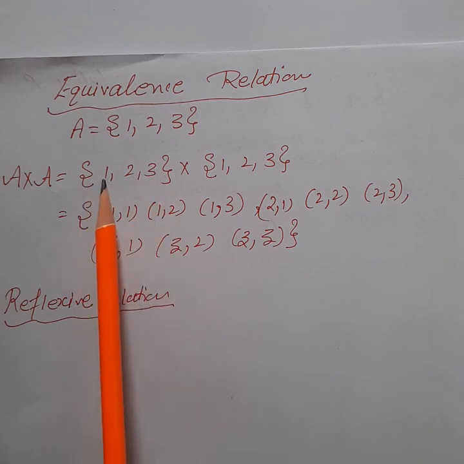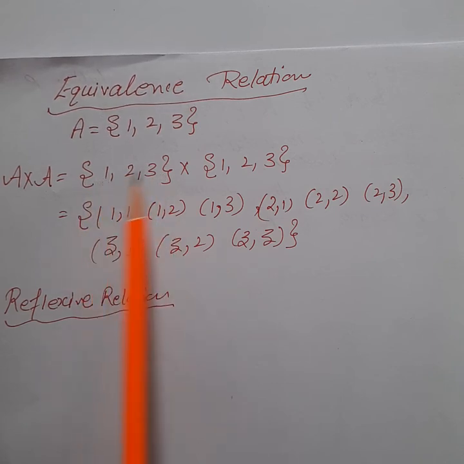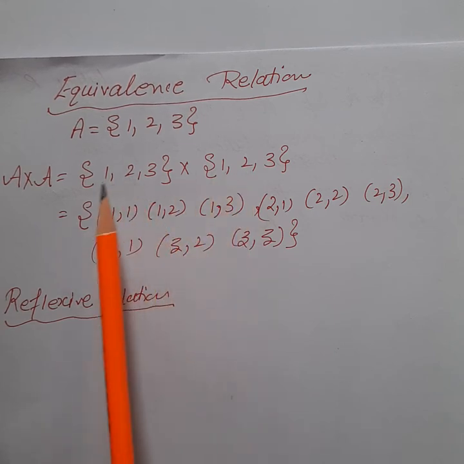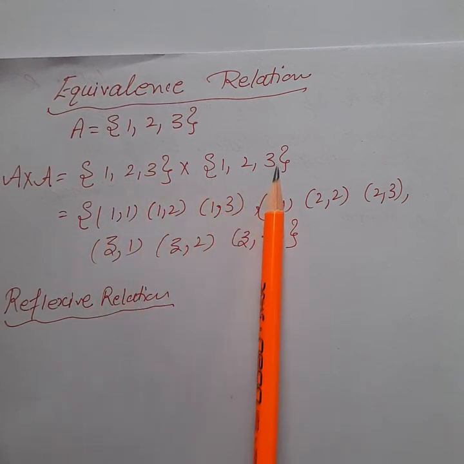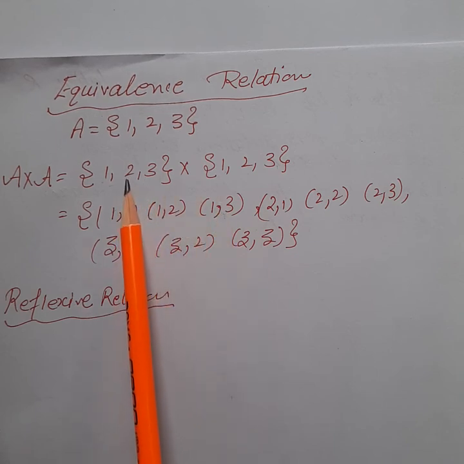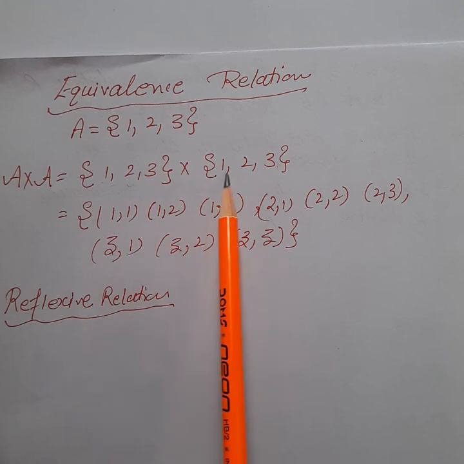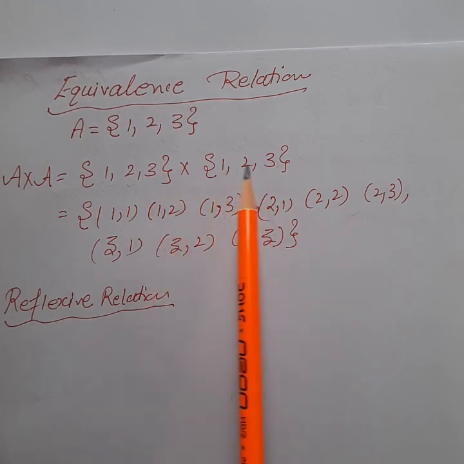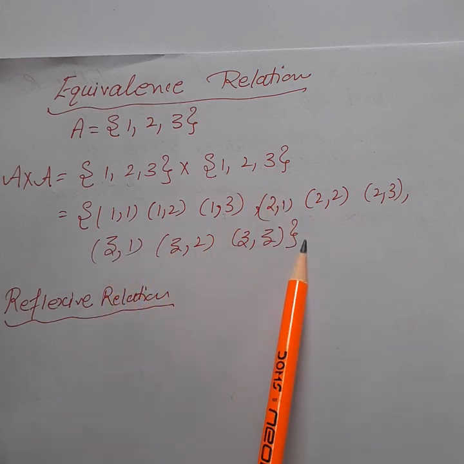We take the cross product A × A. First you can make the pairs 1 with 1, 1 with 2 and 1 with 3. In the same way you can make the pairs 2 with 1, 2 and 3, and then 3 with 1, 2 and 3.